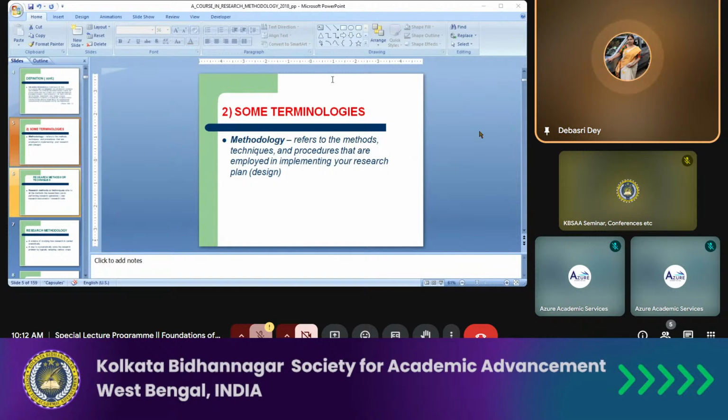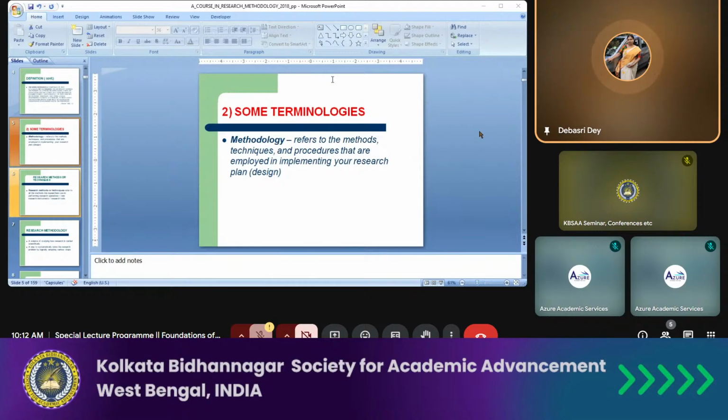When you have to write the research proposal or research thesis or your research report, they are asking, even in a paper, which methodology you have adopted.